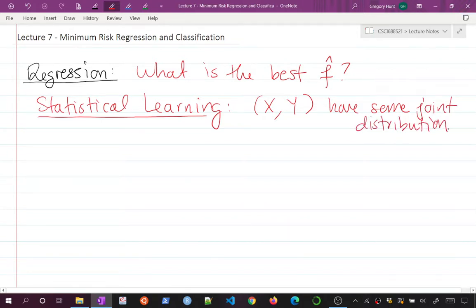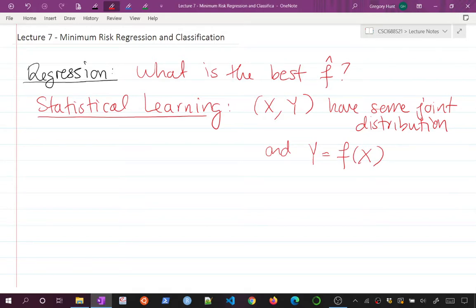What exactly that joint distribution is, we don't exactly know, but they have some joint distribution. Let's say they have some joint distribution, and y is some f of x. So we know at least something about how they're related to each other.